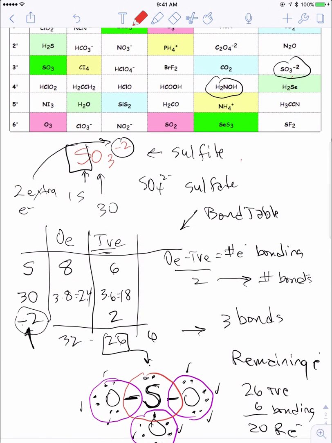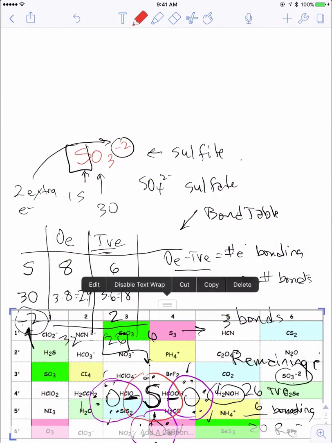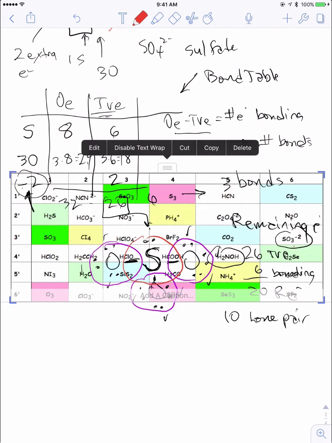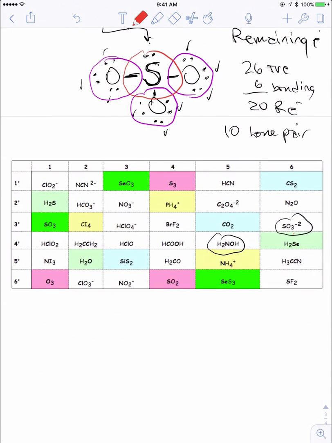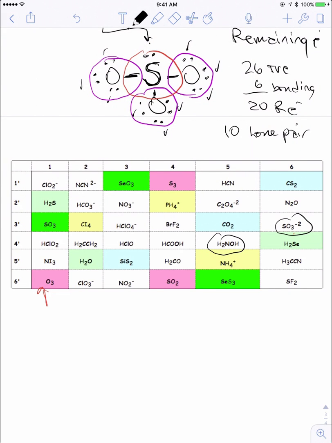Now let me do the next one here. In this particular example, I'm going to do O3. O3 is particular because there's only one type of atom, but there's 3 oxygens.